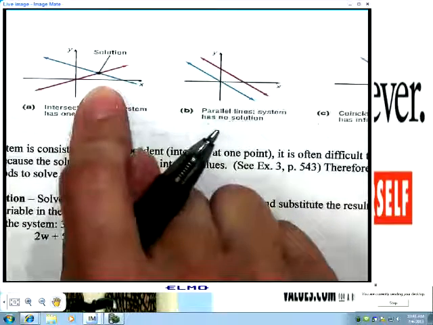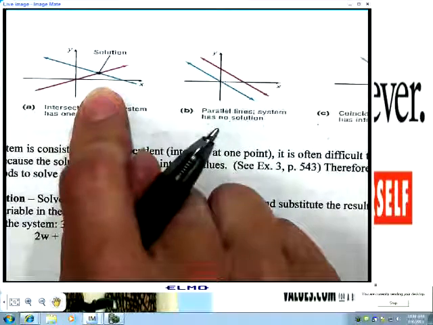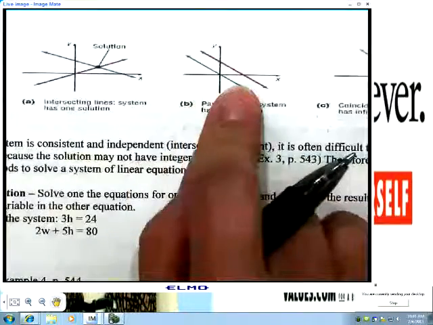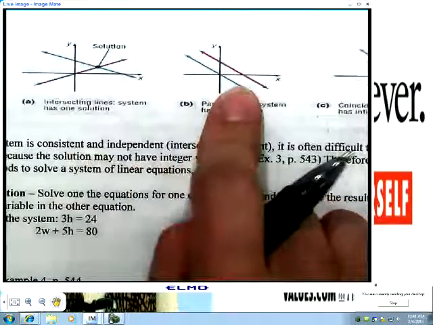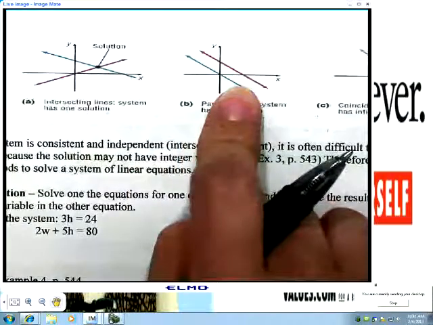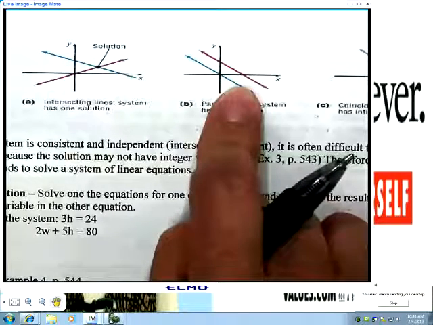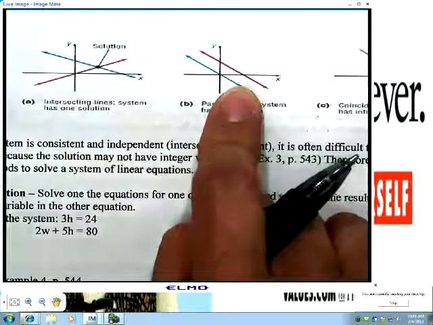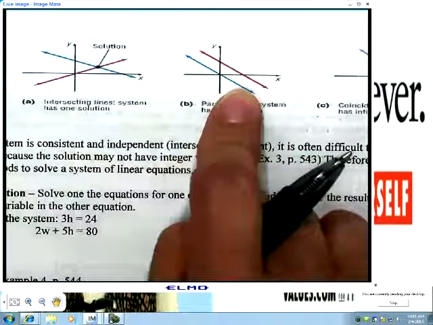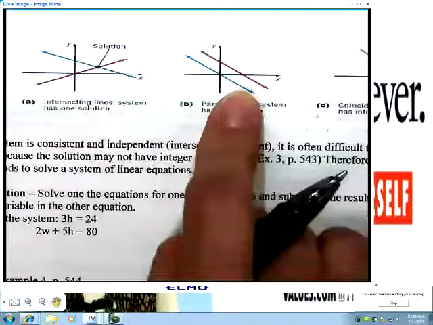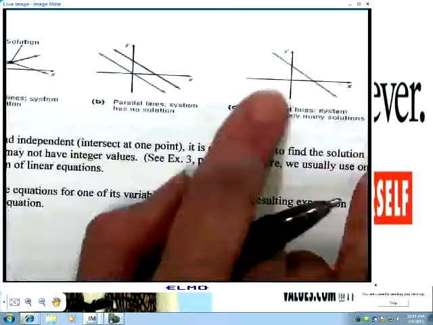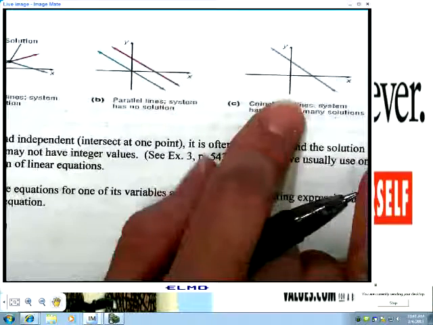But every once in a while, you can graph two lines and find out they don't cross anywhere. What does that tell you about the number of solutions to that system? If they don't cross, there is no solution. And that's basically all you can say. There's no solution. The other thing that can happen is, what if you had two equations that gave you the same line?